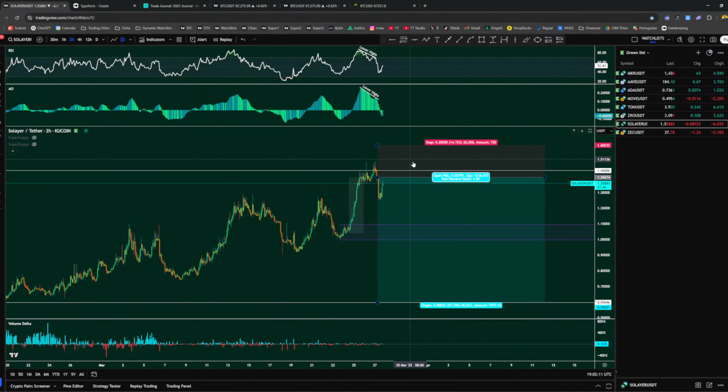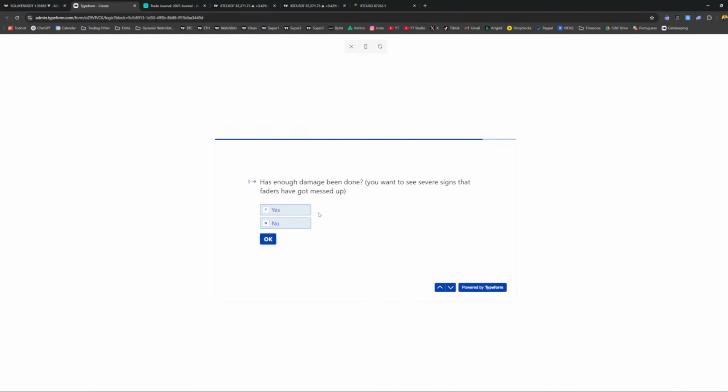People that attempt this short using the same criteria as me, perhaps divergences, but trying to scope in too tight and essentially letting greed get the better of them, they've got messed up. Okay, so yes, enough damage has been done.